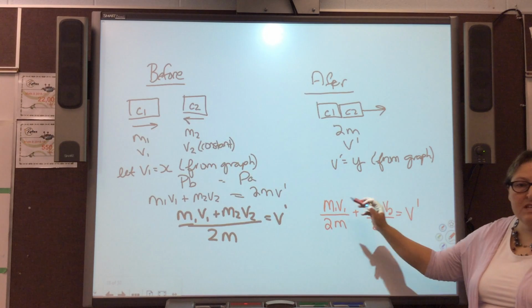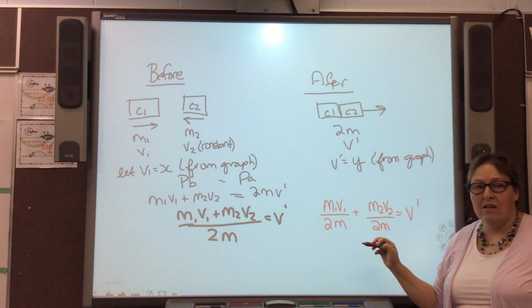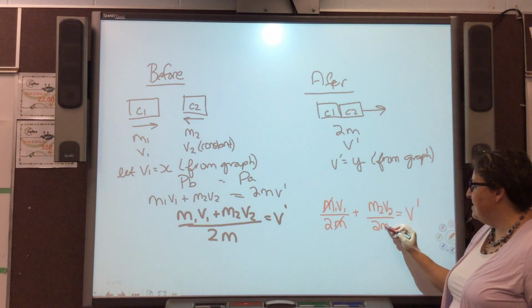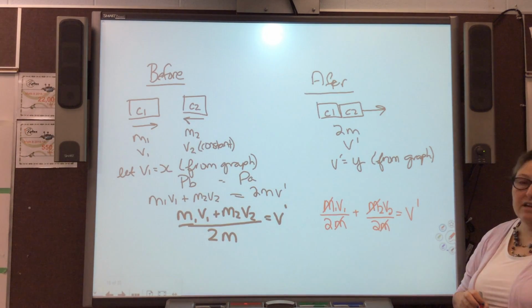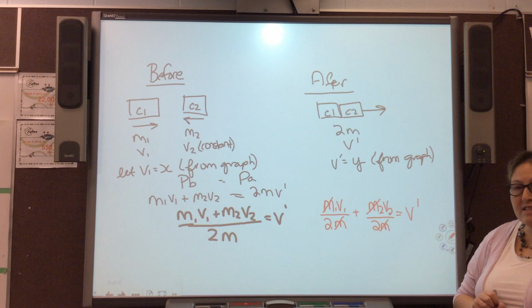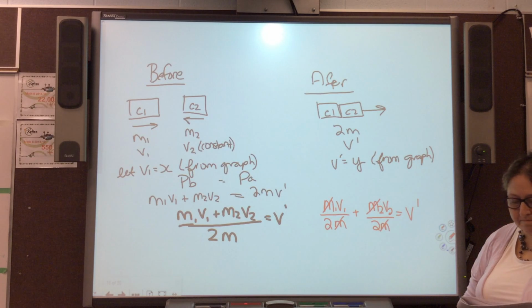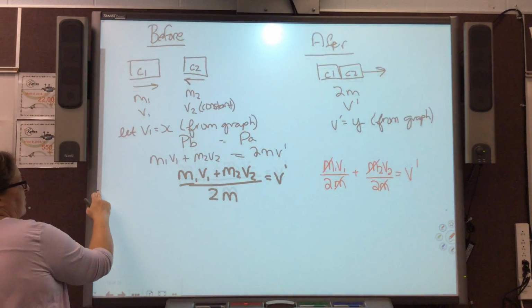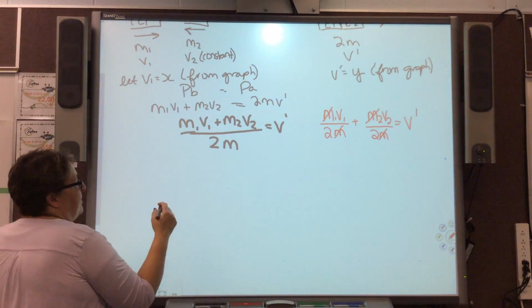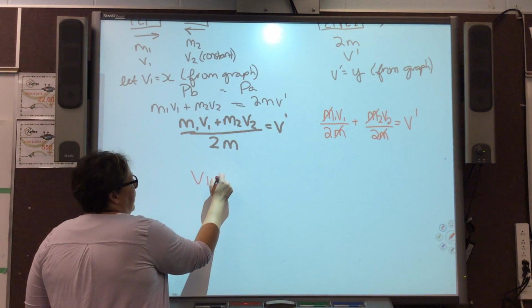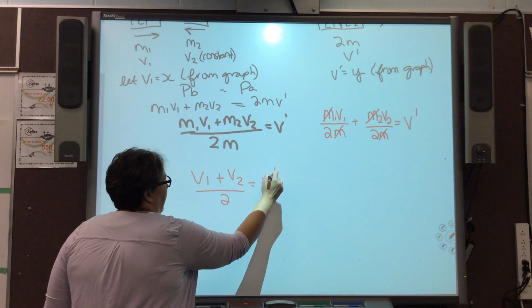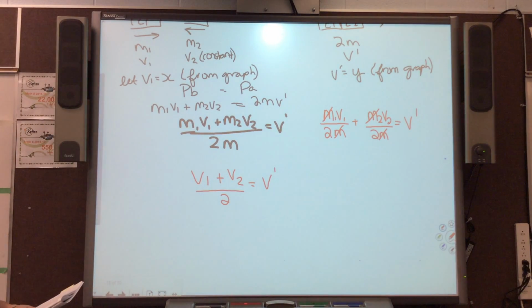Okay, do you guys agree with this part here, that it's the same mathematical sentence? When we break that apart, we see that our masses are not a factor in here, but that our velocities are the factor. So from that, we see that (v1 plus v2) over 2 equals v prime. That's what we're seeing.